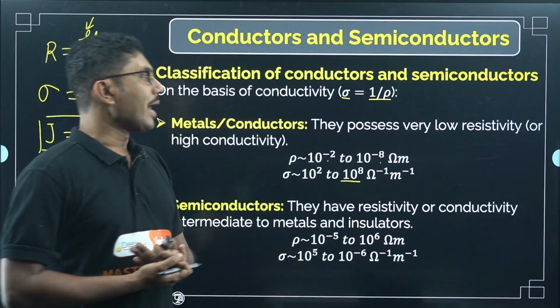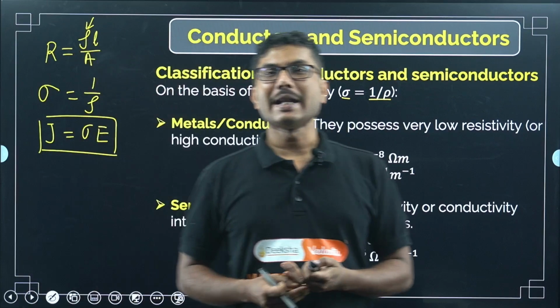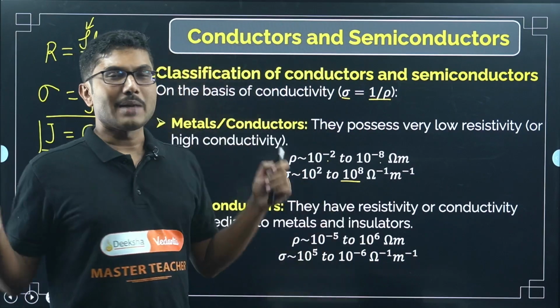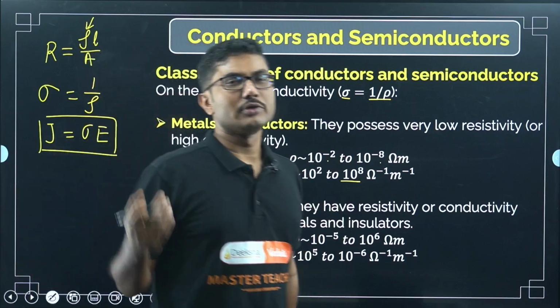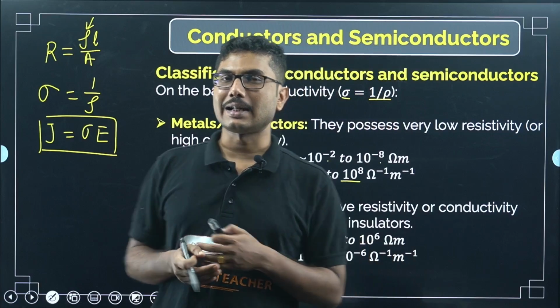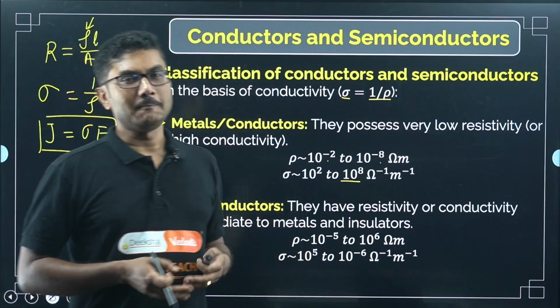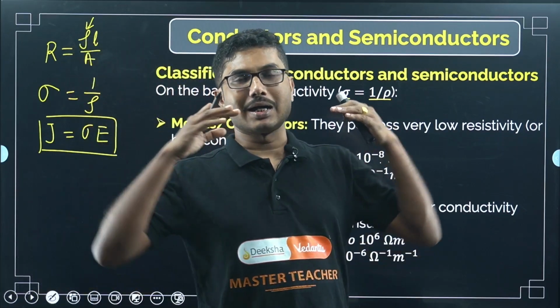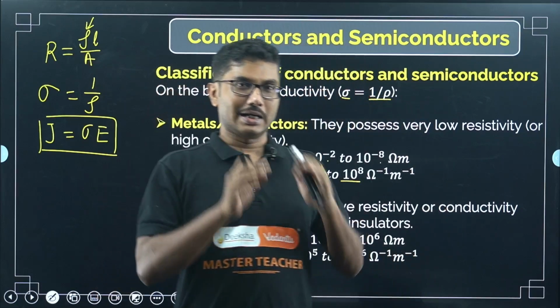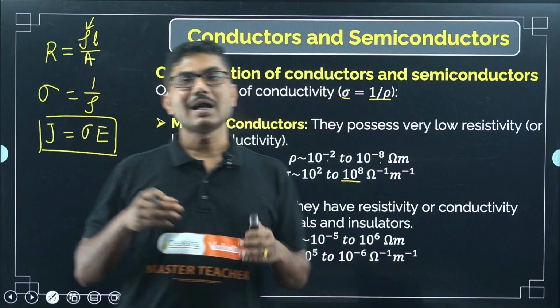One more important thing is that you can control the flow of electrons. In conductors you apply potential and the electrons will go automatically. You cannot control that flow in a conductor, but in a semiconductor, by varying something, you can control how much current is flowing through it. That is why semiconductors are not so easy.